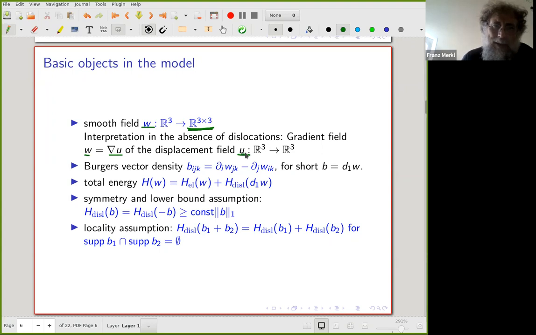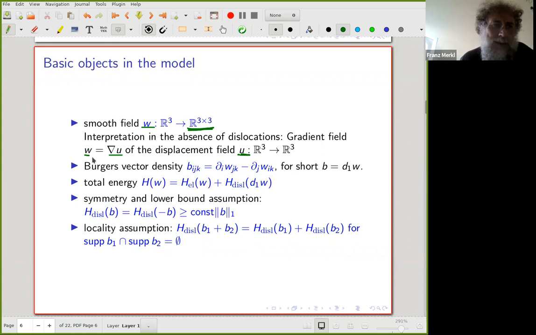The displacement field assigns to any location of the unperturbed lattice the location where it is after some perturbation. But of course, in the presence of dislocation lines, there is no displacement field, because we cannot index in a natural way the locations of our atoms in the crystal in the presence of dislocations.